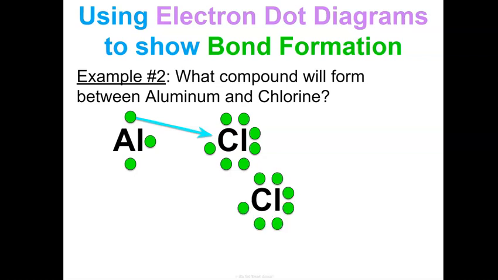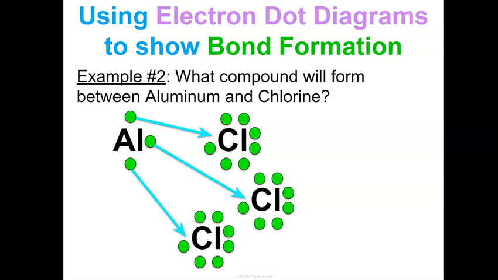Add another chlorine. And then, look, aluminum is now going to give one of those electrons to chlorine. But wait, there's more, because aluminum wants to give away 3. Chlorine only has room for 1, which means what do I have to do now? Add another chlorine.